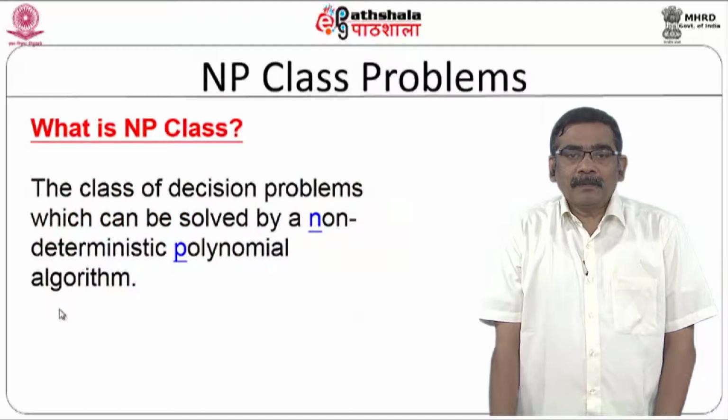But not all the problems in computer science come under P class. There are many problems that cannot be solved by the computer in polynomial time, and we can call those problems NP class problems. The formal definition of NP class is that NP class is a class of decision problems which are solvable by non-deterministic polynomial algorithms.